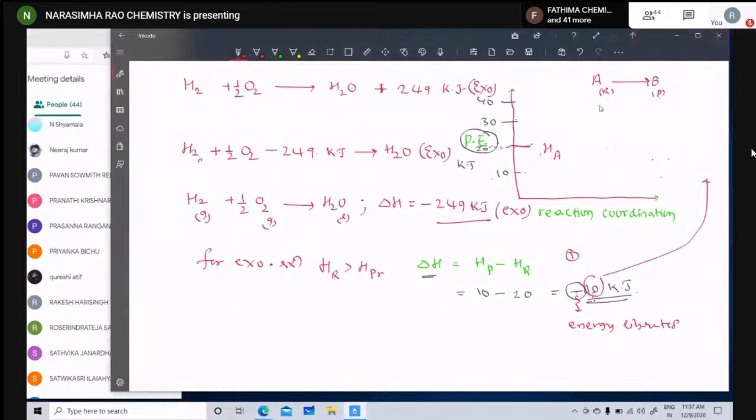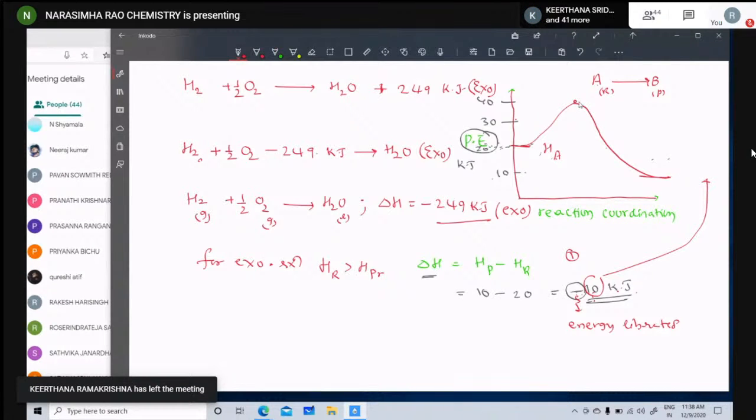Just consider A gaining energy to be converted into a product like this. During the course of the reaction, the energy keeps increasing and reaches the maximum, forming the activated complex. Later you will know. Then it will be converted into a product. During the formation of product, it is liberating energy.